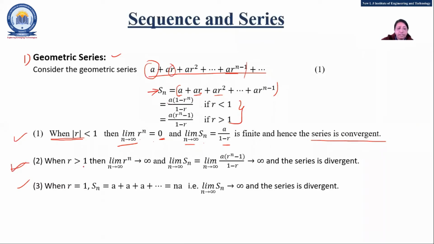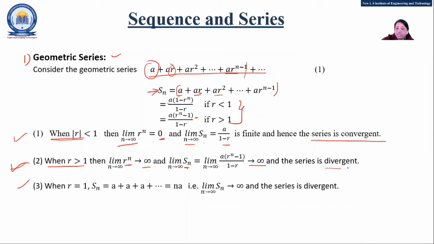Now for another one, when R is greater than 1, what can we say? The limit as n tends to infinity of R raised to n equals infinity. And for the limit of Sn, since R is greater than 1, we use this equation: A into R raised to n minus 1 upon 1 minus R, which tends to infinity.